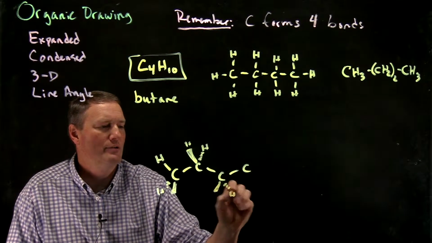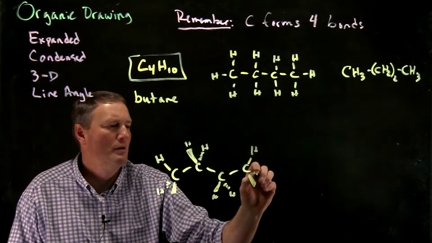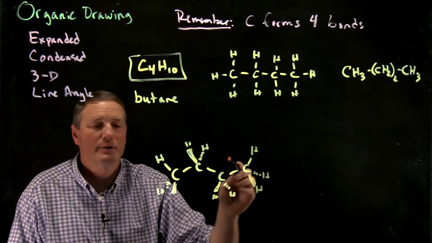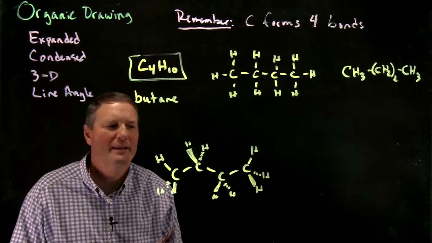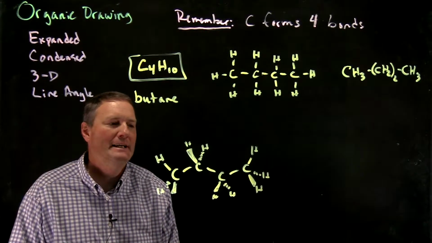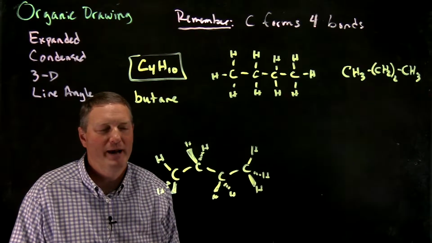Okay, so here's those 2. And again, it will take some practice before you can make this look sort of three-dimensional. It's trying to approximate that 109.5 degree bond angle.